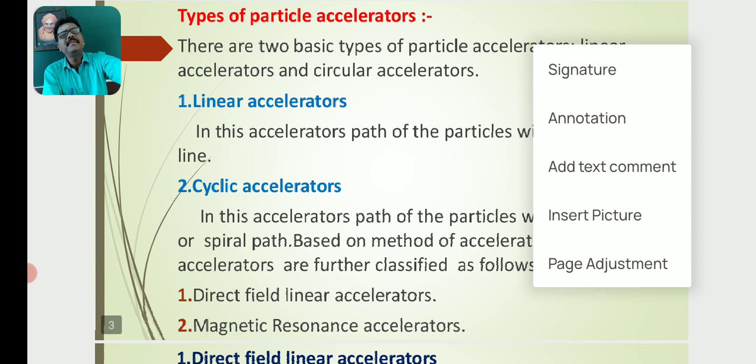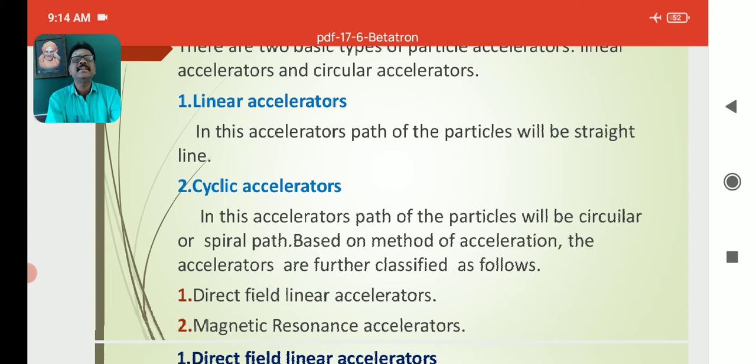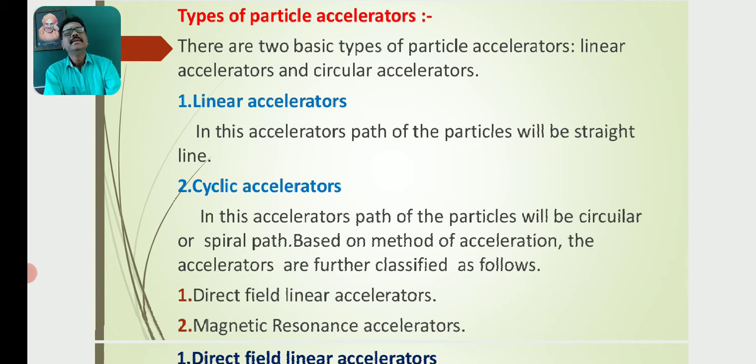There are types of particle accelerators. There are two basic types of particle accelerators: linear accelerators and circular accelerators. If the accelerator accelerates the charged particles along a straight path, then the accelerator is known as a linear accelerator.